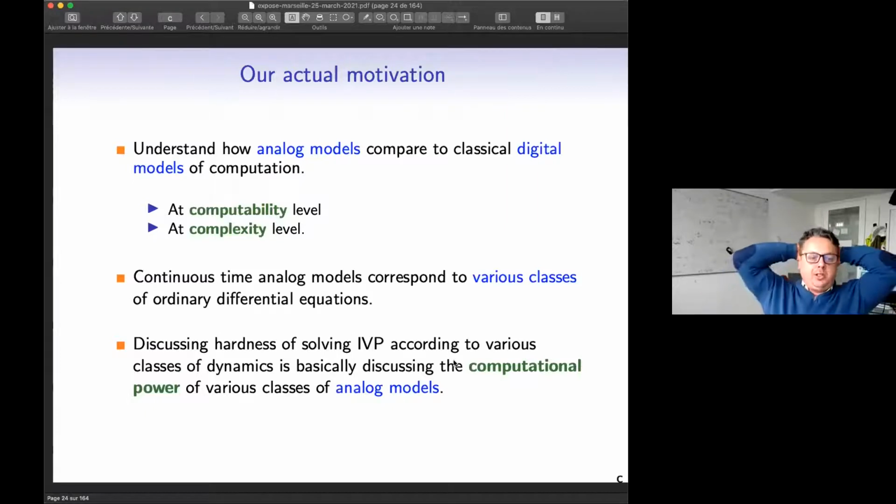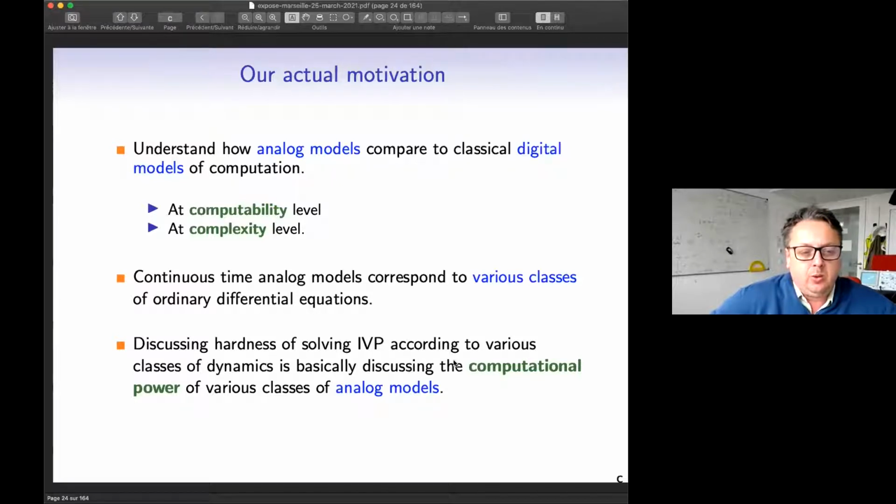our actual motivation is to understand how analog models, so continuous time models in particular, compare to models like Turing machines, so digital models of computation, both at the computability level, so what can you compute and what you cannot compute, and complexity, I mean the resources that you would use.